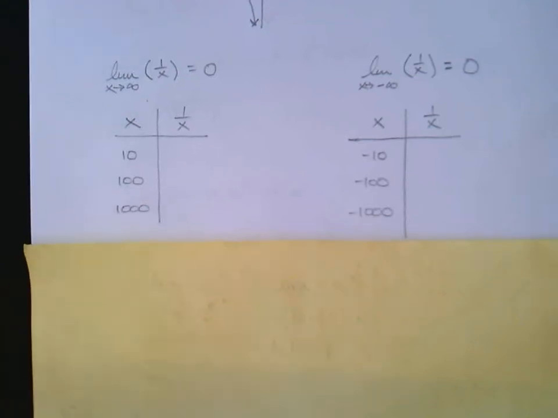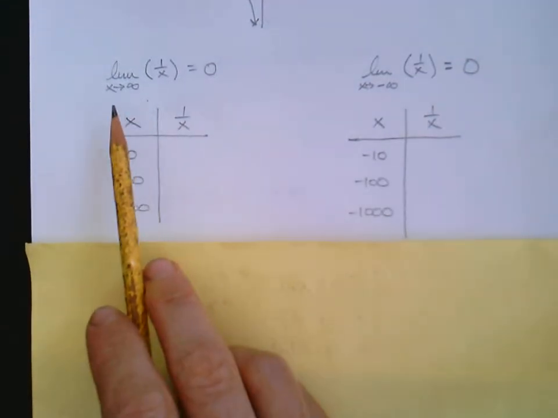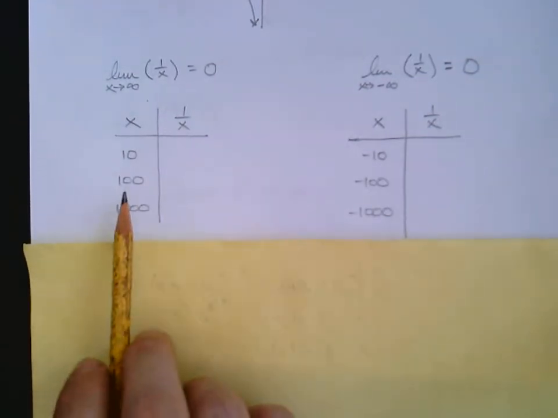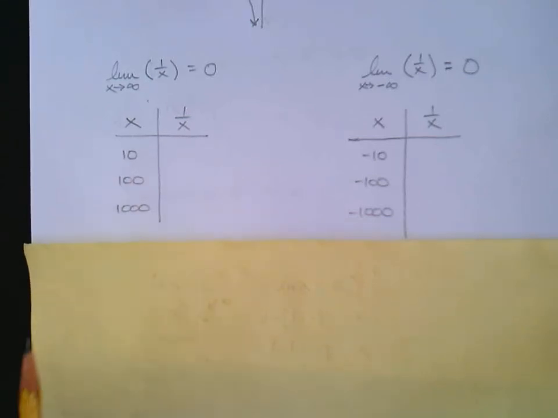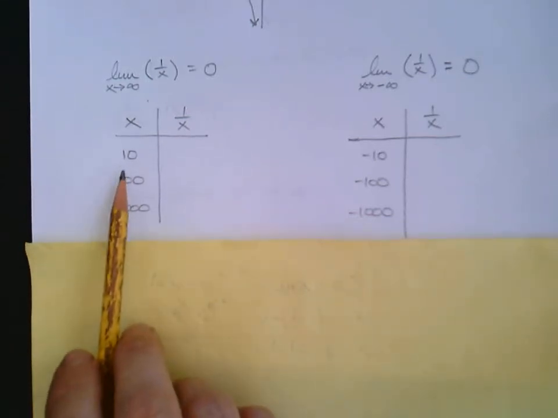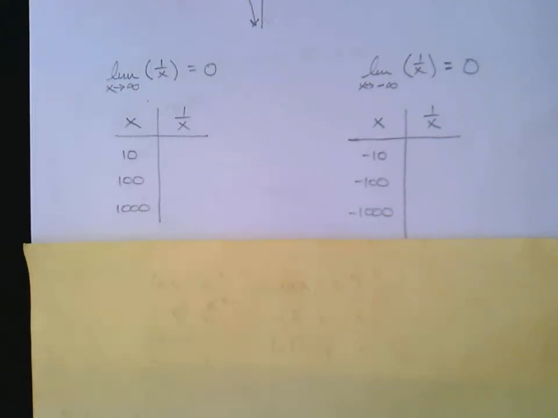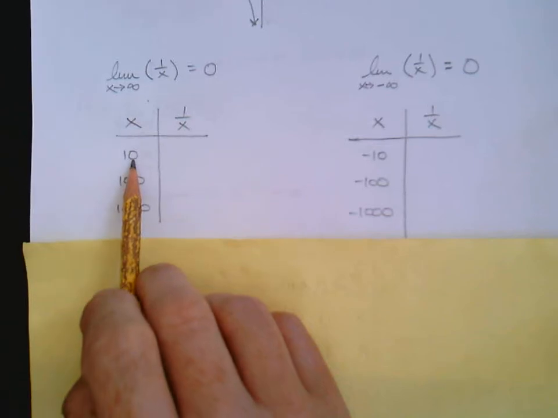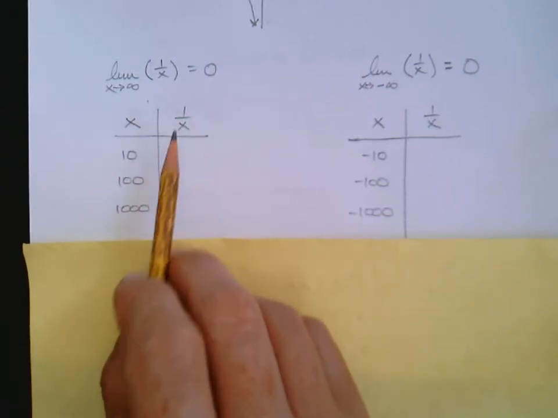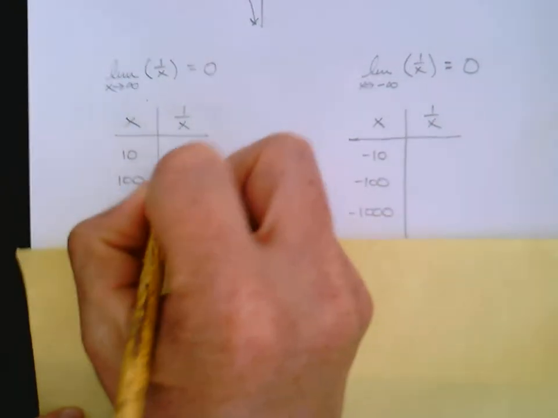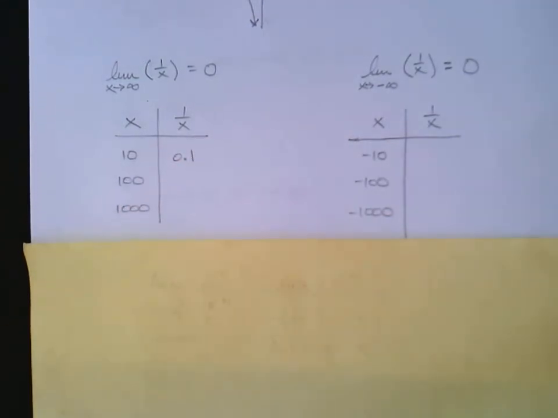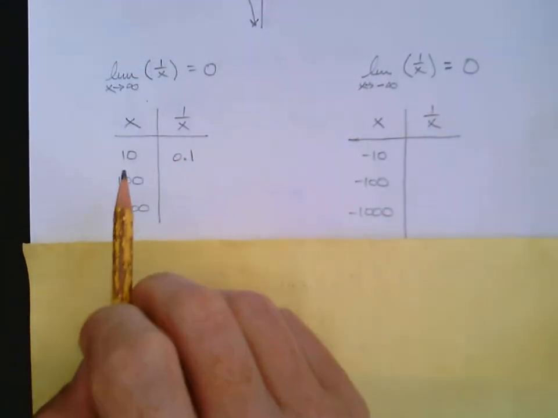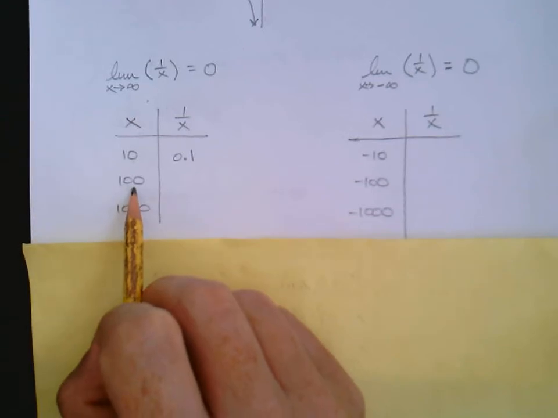What if we were to approach it with the table? 1 over x as x approaches infinity. So I'm going to take some values of x that are getting bigger quickly. So 10, 100, 1000. Let's see the behavior as it moves. Well, if x is 10, then of course 1 over x is 1 over 10, but maybe I'll even write it as a decimal, right? That's 0.1. What if x is 100?